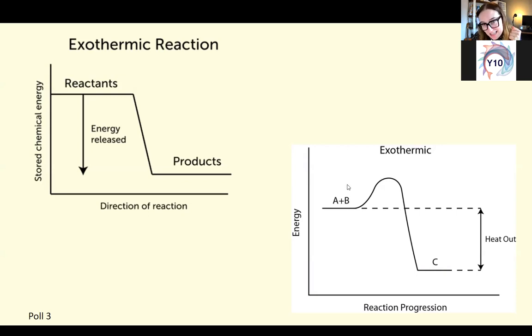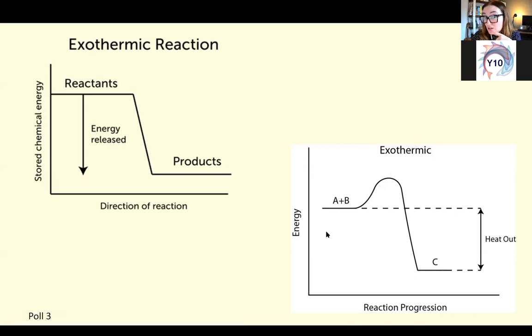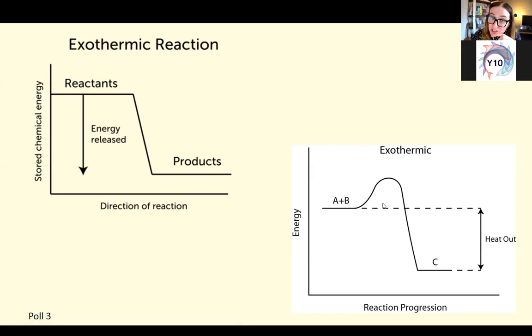So as A and B turn into C during the reaction, overall, the energy level decreases of the energy stored in the chemical bonds, and the energy that's the difference between the reactants and products is the amount of energy that's released to the surroundings as heat. But you do have to stick a little bit of energy in there just to get it going, okay? So that's the activation energy.